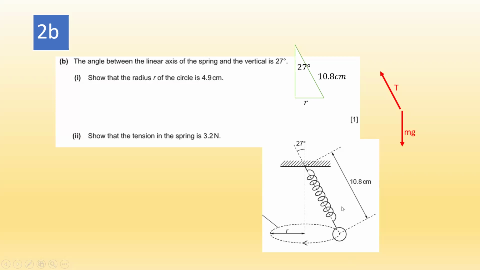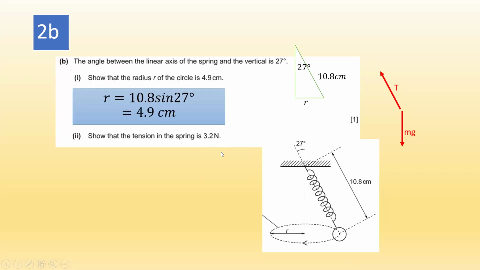There's your R. So R is just 10.8 sine 27, and calculate out. So the tension in the spring is 3.2. We can still use this triangle.